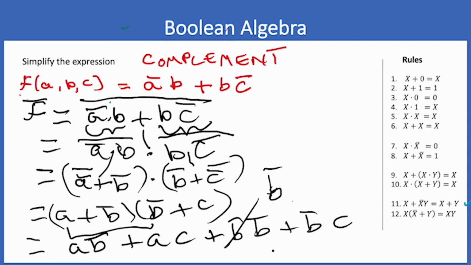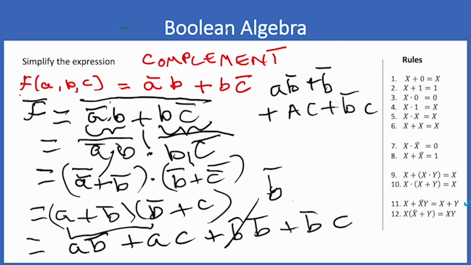So we're going to get A B bar, plus, I'm going to put this B bar next to it, plus B bar plus AC plus B bar C.